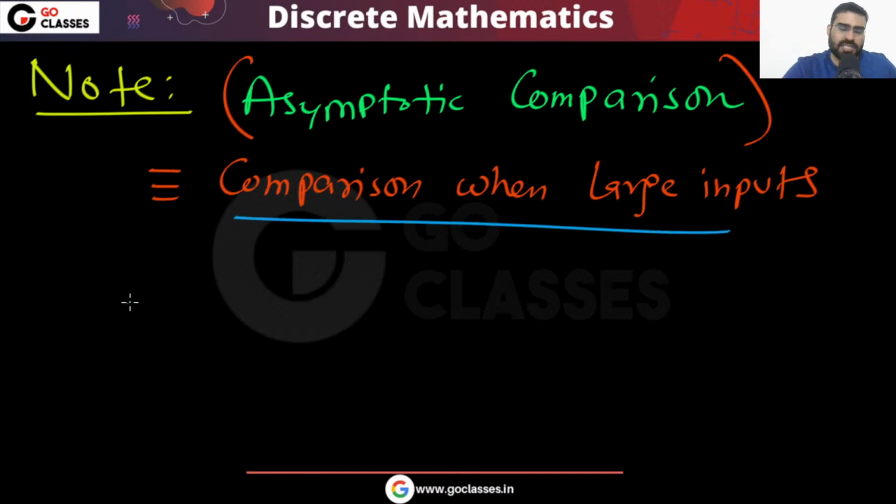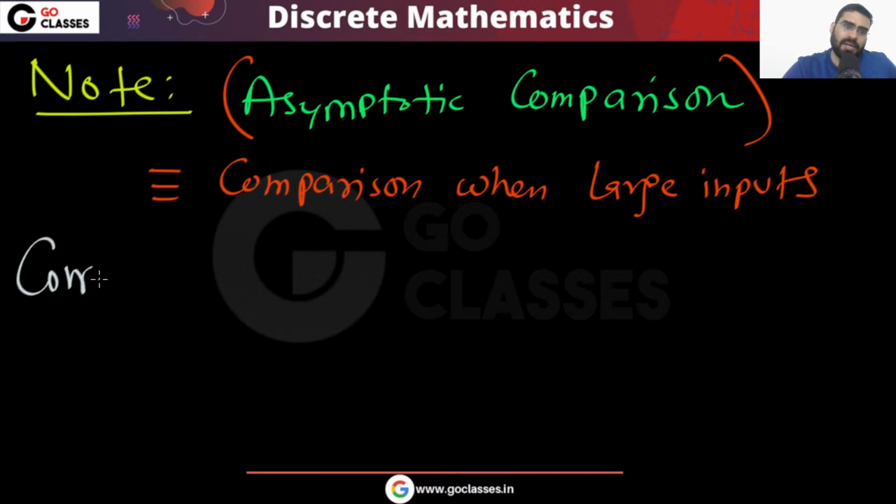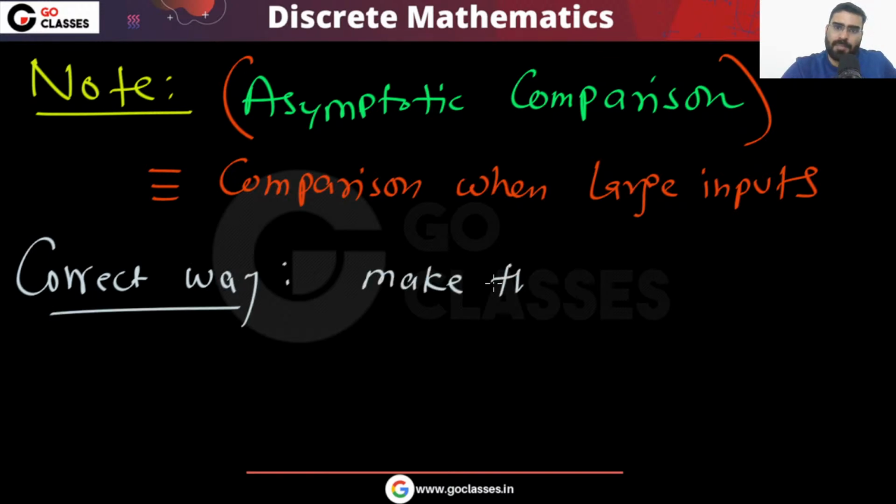So these two things are the same. So what do you have to do? All you have to do is the correct way. What is the correct way? The correct way is to make the base the same. Make the base of the power the same.